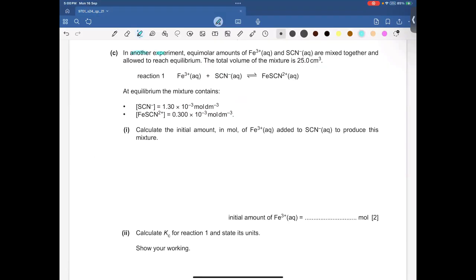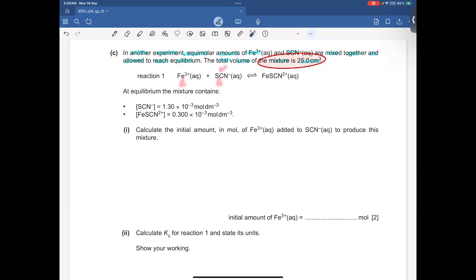In another experiment, equimolar amounts of Fe3+ and SCN- are mixed together and allowed to reach equilibrium. The total volume of the mixture is given. So we know the total volume of the reaction mixture, and the temperature is 25 degrees Celsius, which we need to remember. The equation is given, and in this equation, we have a similar molar ratio between iron 3 ions and SCN- ions, which are called thiocyanate ions.